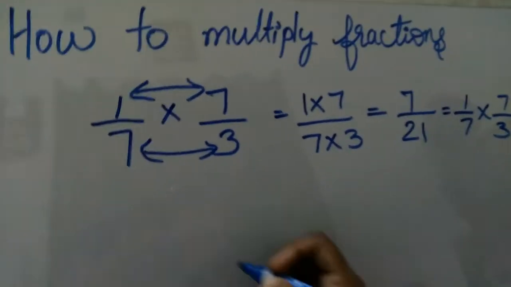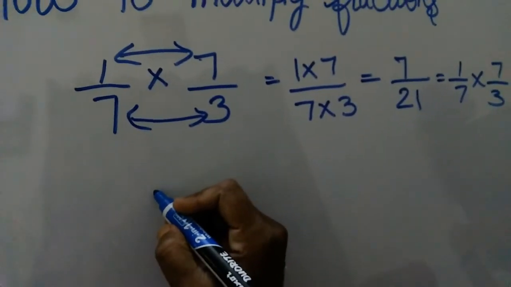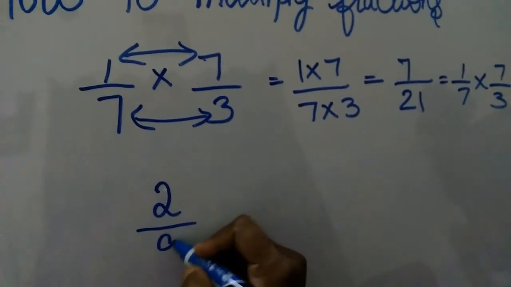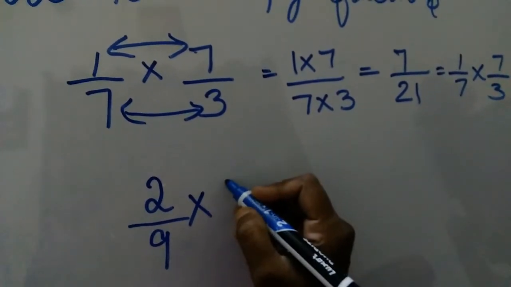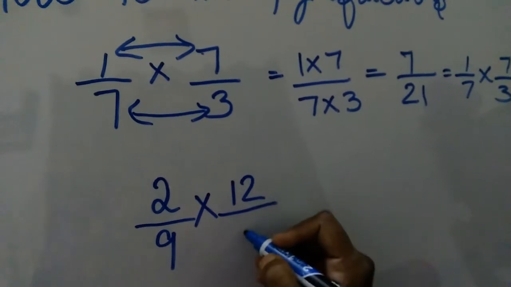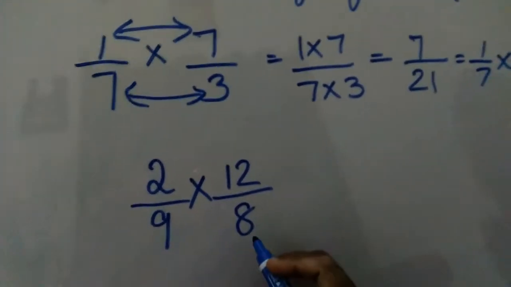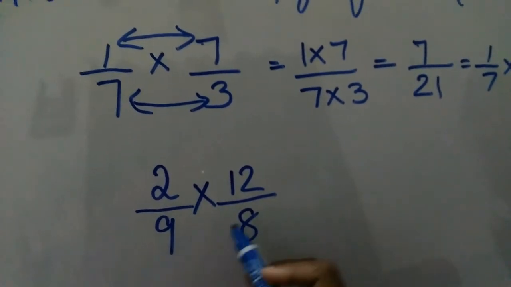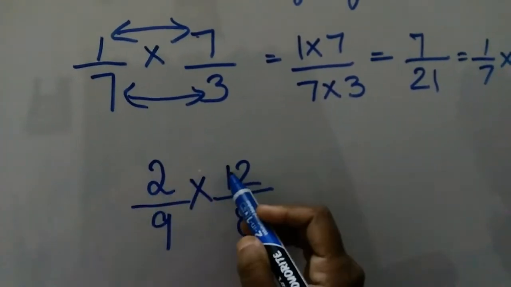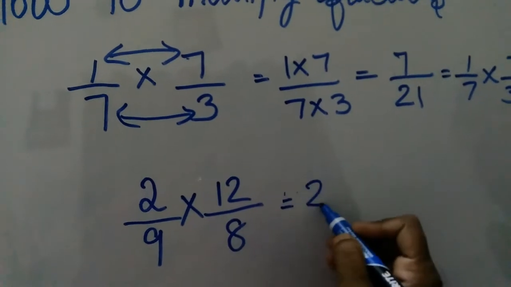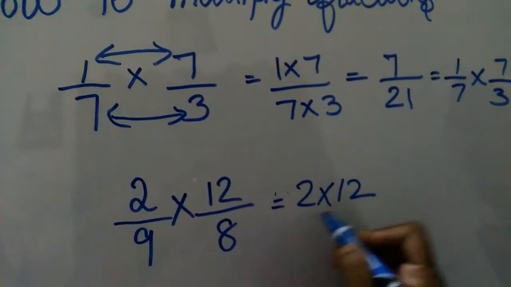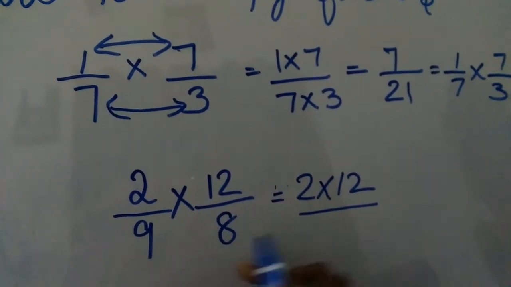We can see another example. 2 upon 9 into 12 upon 8. How can we multiply? Multiply the numerators, 2 into 12, upon 9 into 8.